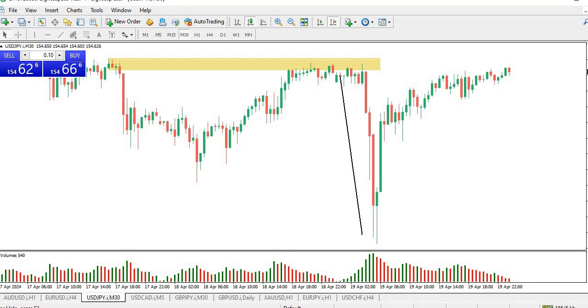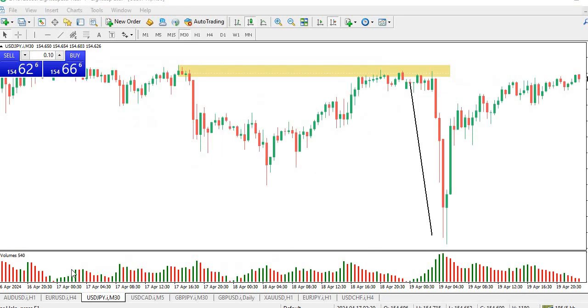The bearish order block is the last bullish candle before the bearish movement that breaks the market structure lower. It represents a high possibility of holding the price when the price returns to it.